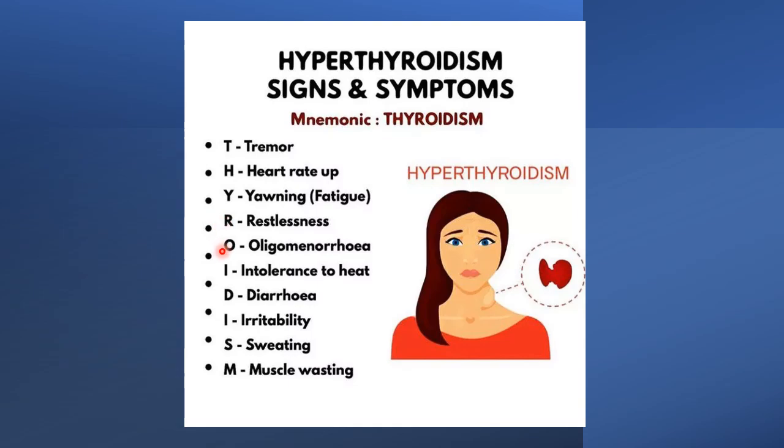O is for oligomenorrhea, decreased periods or changes in periods. Then you've got intolerance to heat, I, D for diarrhea, I for irritability, S for sweating, and M for muscle wasting. So these are all the features of hyperthyroidism, a patient with a goiter which presents as hyperthyroidism.